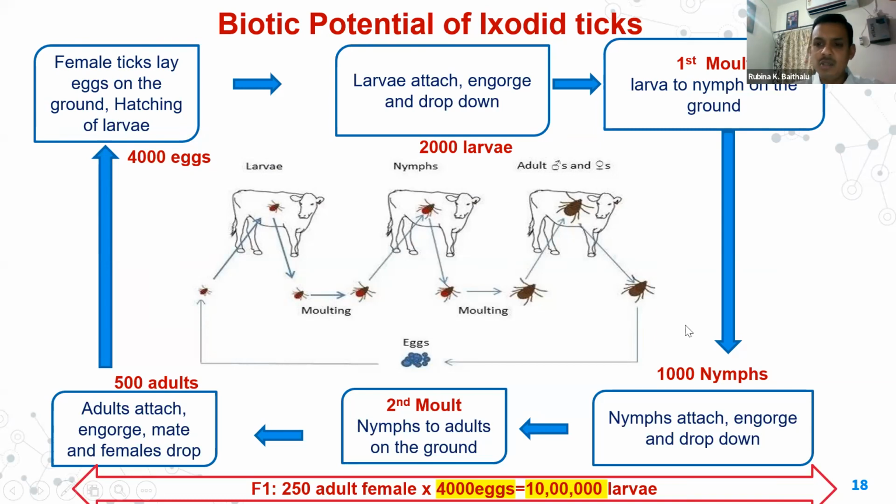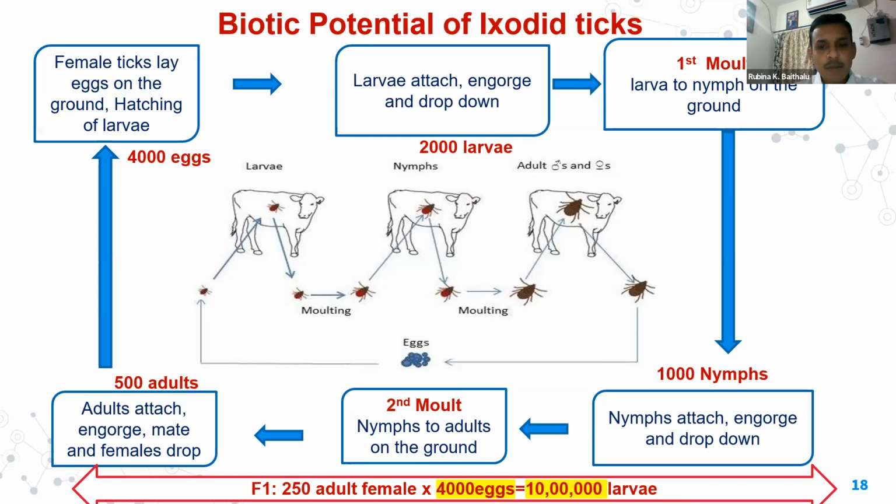Again, with 50% survival, there may be 1,000 nymphs. From the 1,000 nymphs, they give rise to 1,000 adults. With 50% survival, maybe there are 500 adults. So from 500 adults, there are 250 female and 250 male.